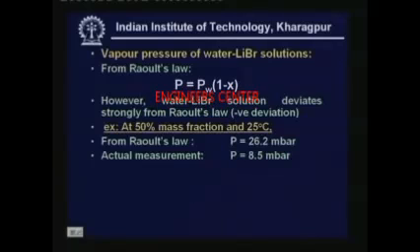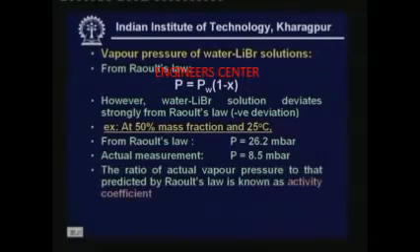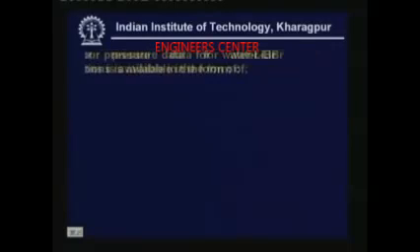That means the actual pressure is much less than the pressure predicted by Raoult's law. This is because of the negative deviation of this solution from ideal solution, and the ratio of the actual vapor pressure to that predicted by Raoult's law is known as activity coefficient, and for this particular mixture you can see that the activity coefficient is much less than 1.